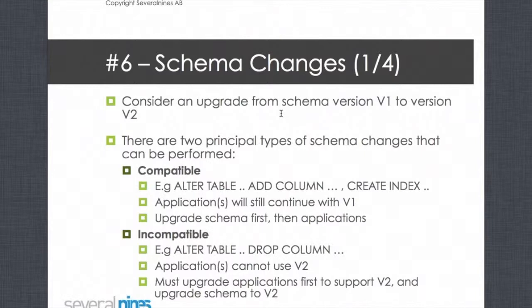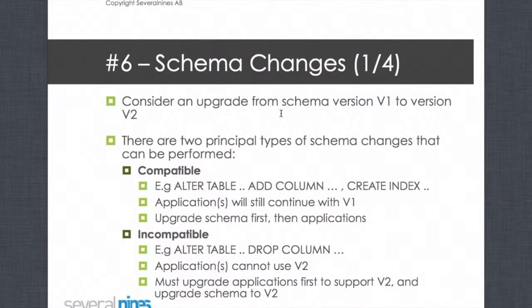On the other hand, if you're doing an incompatible schema change, so that you're dropping a column from a table, then the applications cannot any longer use the new schema version. So, for example, you suddenly have x minus 1 columns, but there's a write on the server that was expecting x columns. Well, then that write will naturally fail.